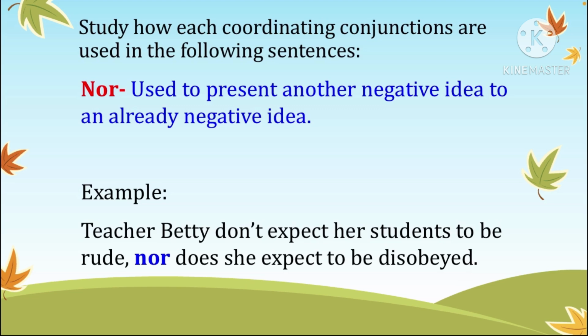The coordinating conjunction is nor. In here, the negative idea is doesn't expect her students to be rude. And another negative idea is nor does she expect to be disobeyed.